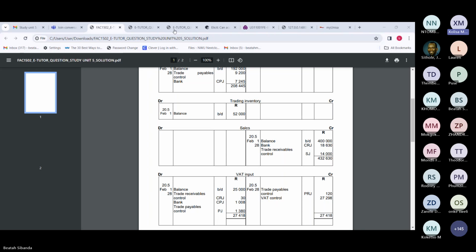Can you guys see that the 1008, the description is bank, and with the 1380, the description is Trade Payables Control? So what you can distinguish there is that the 1008 relates to cash purchases, and the 1380 relates to credit purchases.